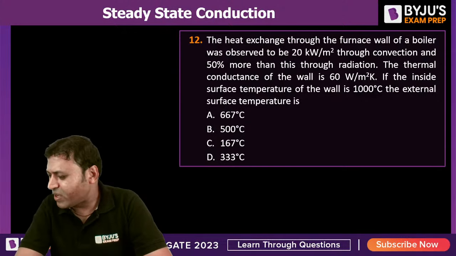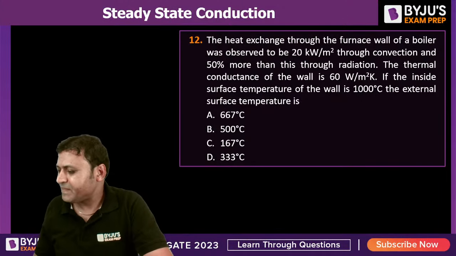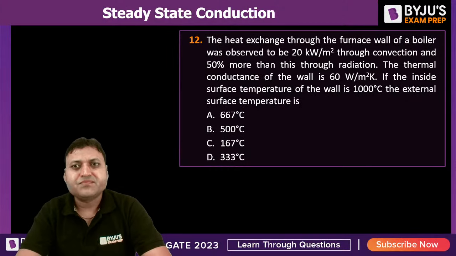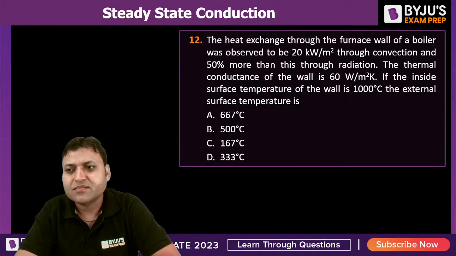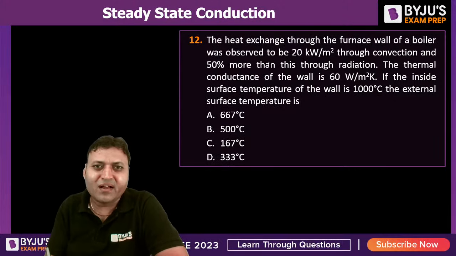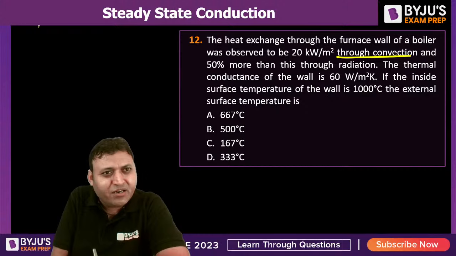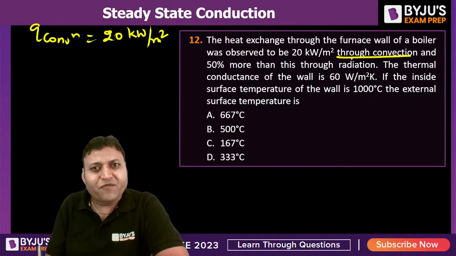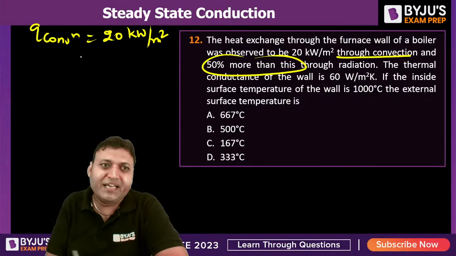Next question, question number 12. A heat exchange through a furnace wall of a boiler was observed to be 20 kilowatt per meter square through convection, and 50% more than this through radiation.